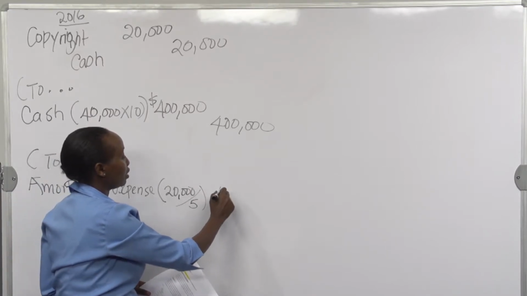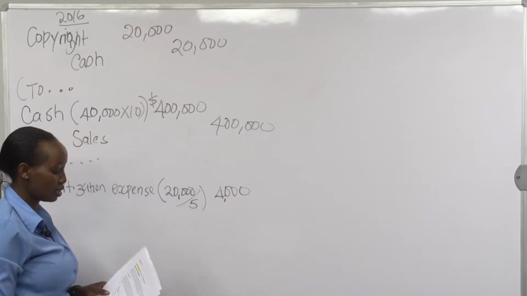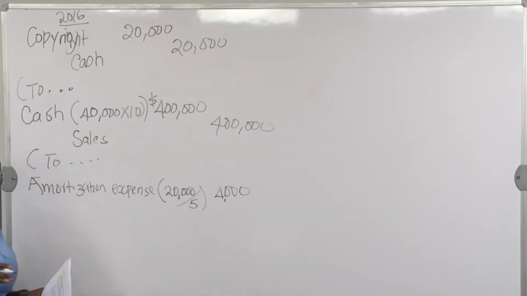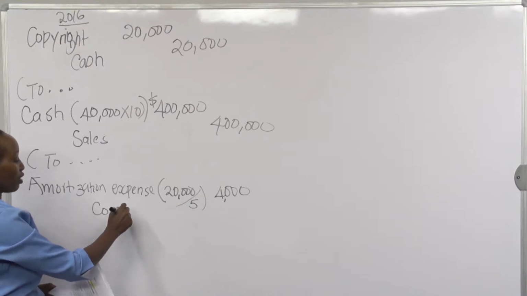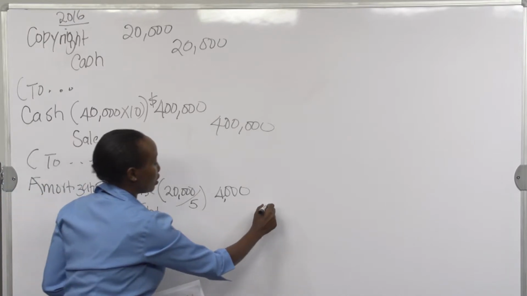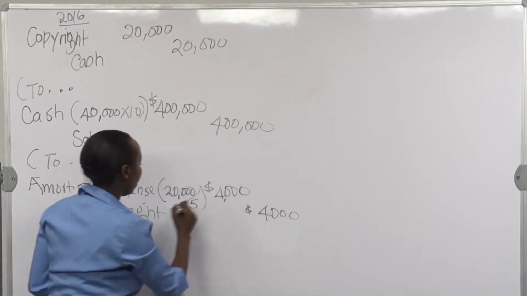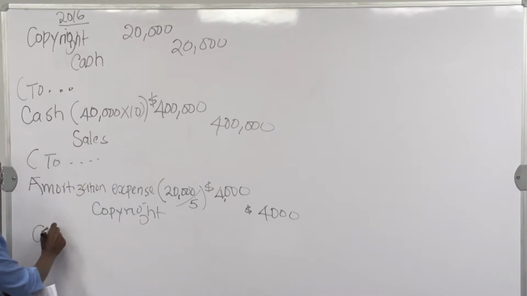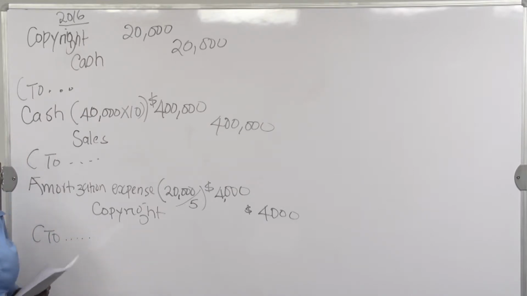So we have amortization expense of 4,000, and we reduce the copyright. We are allocating the useful life of the copyright over the 5 years. This year we are reducing it by $4,000, and we include a description to record amortization expense for the copyright for the year 2016.